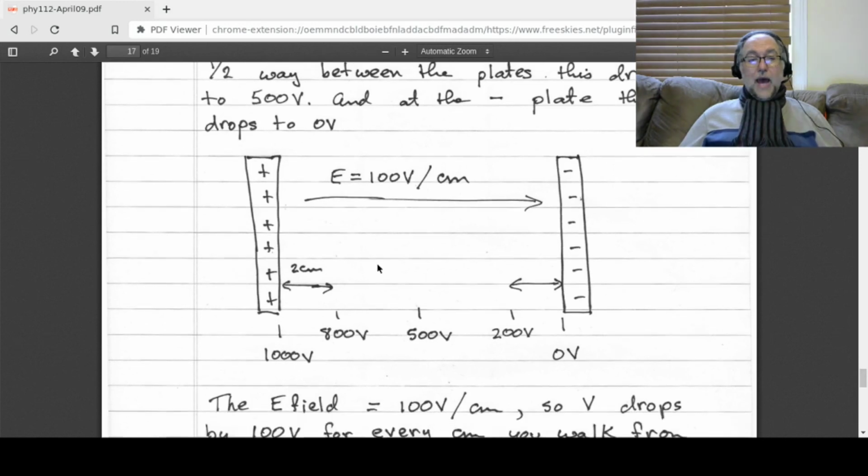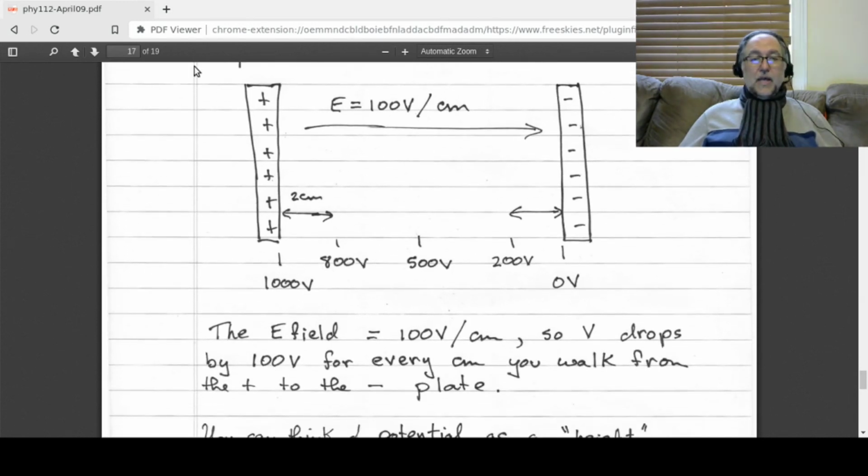So now you can see that the voltage basically grows linearly as you move from the negative plate to the positive plate, and the electric field is a constant pointing from the positive plate to the negative plate. It shows the direction in which the voltage decreases. It decreases 100 volts for every centimeter that you travel from the positive to the negative plate.